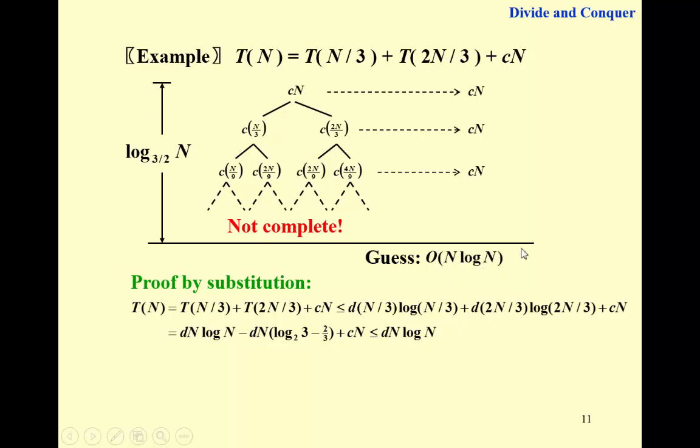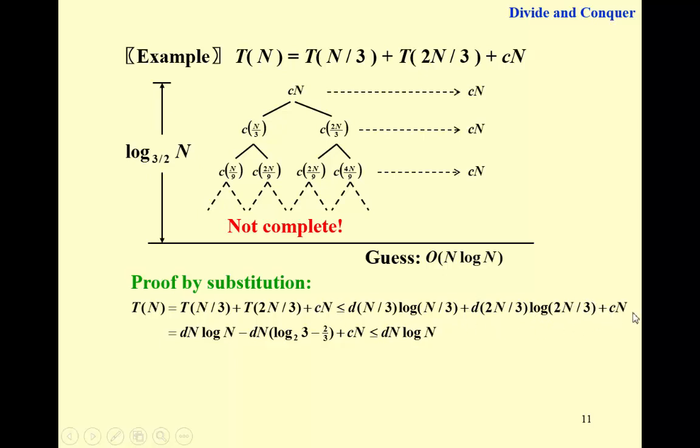And therefore, we can claim that there exists a constant d, so that T of m is smaller than or equal to d times m log m. And this is also true for this part.